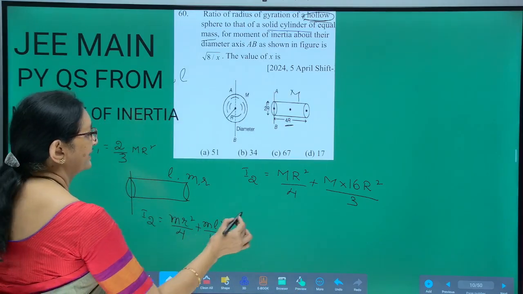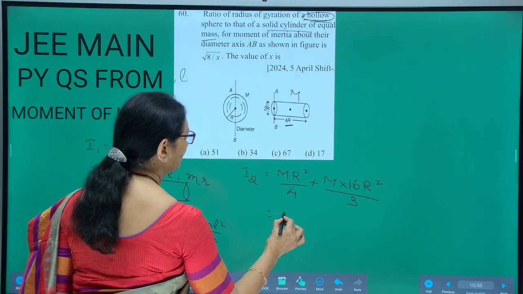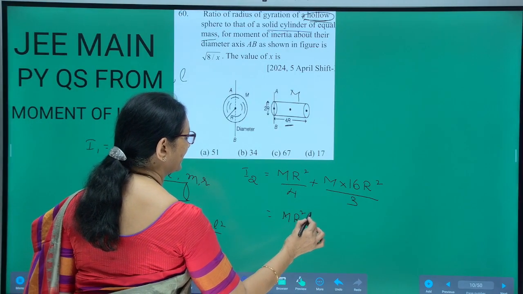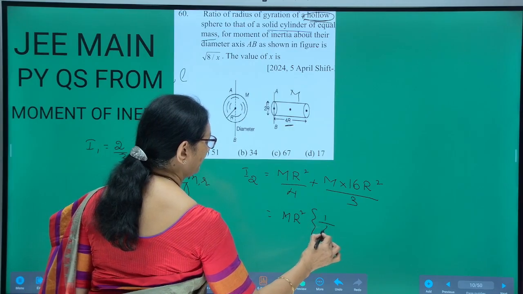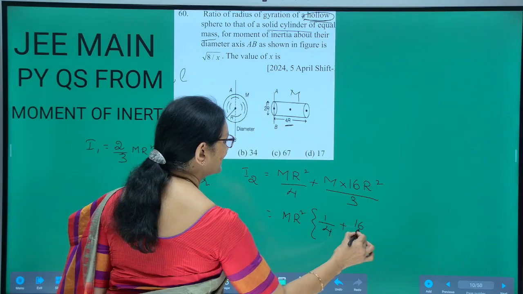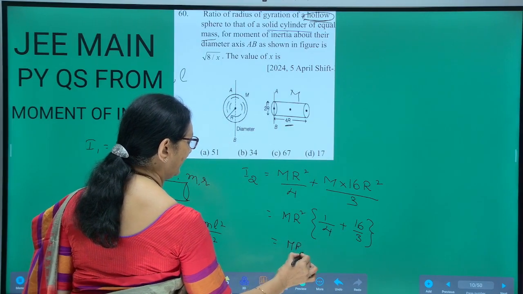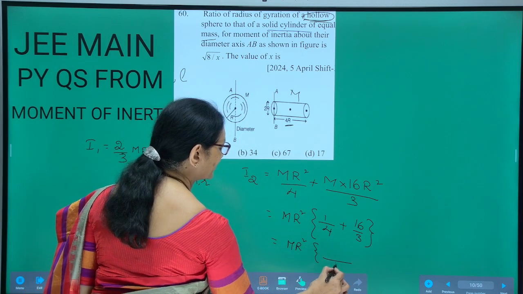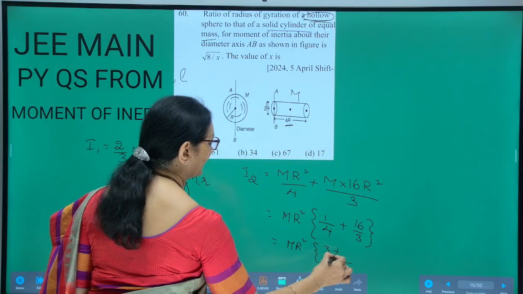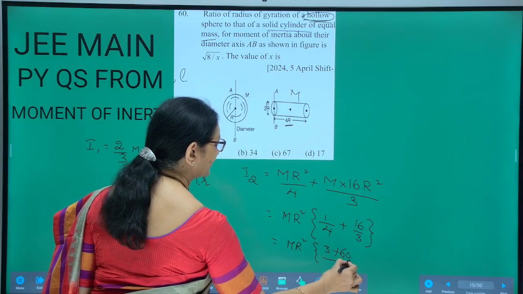So, here let us calculate the moment of inertia. If you take mr square as a common factor, 1 by 4 plus 16 by 3. So, mr square into, LCM is 12, so it is 3 plus 4 16s are 64.